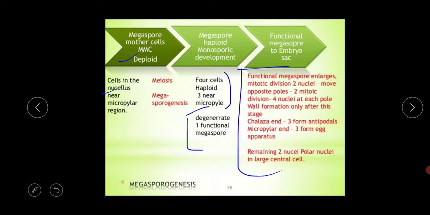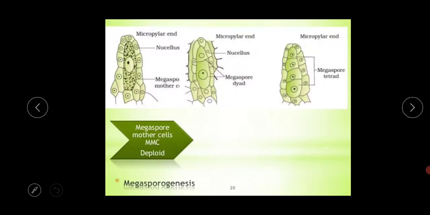The remaining 2 polar nuclei are in the large central cell. So from the megasporogenesis we are getting 1 functional megaspore and 3 non-functional cells, and these 3 cells form the antipodal cells.